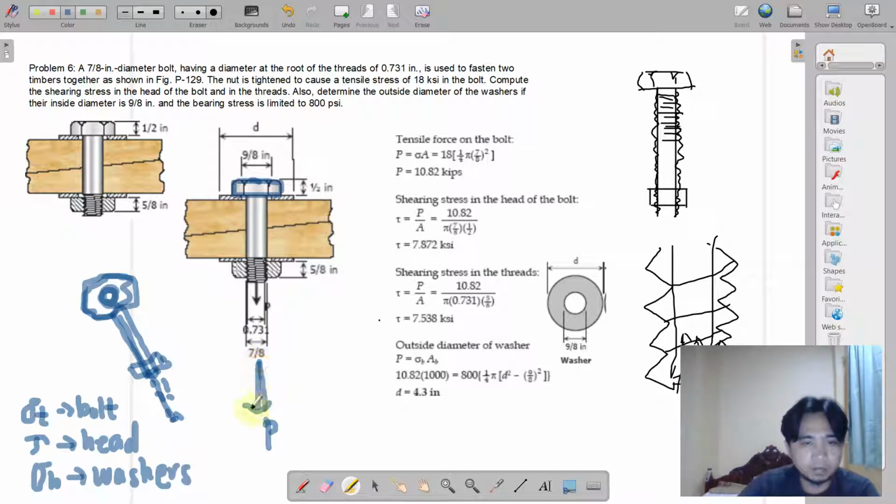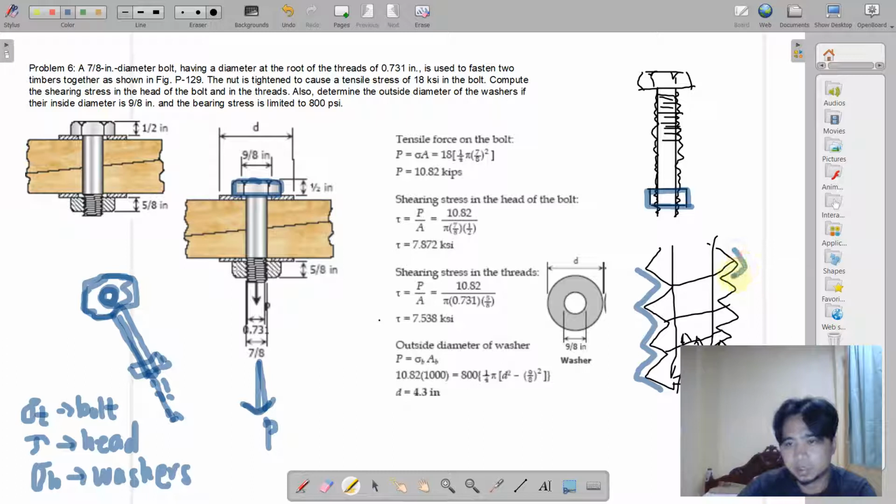If P is applied, it is pulling this bolt again. What will be the effect on the nut? On the nut itself, there is a connection between the tooth of this nut and the tooth of the bolt itself.